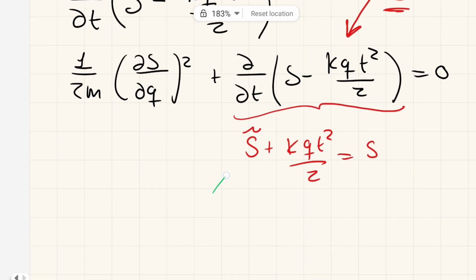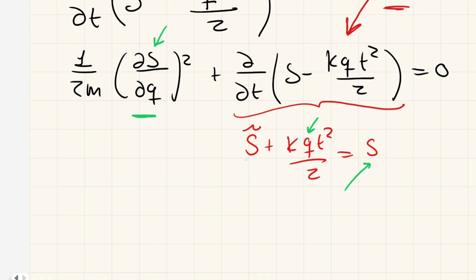When we take this S into this part of the equation, notice that we are taking the derivative with respect to Q. So that is going to make this Q disappear. Okay, so this derivative will be only a function of S tilde and then KT squared divided by 2. So this Q will no longer be in this expression.